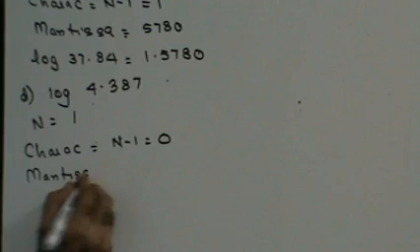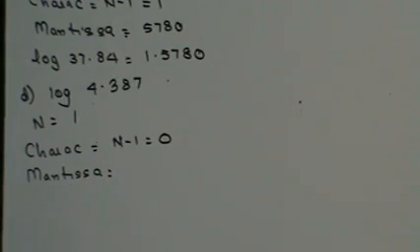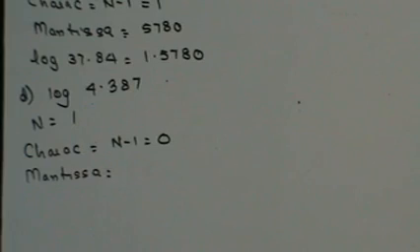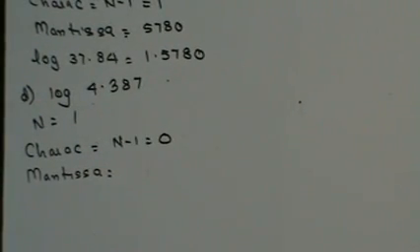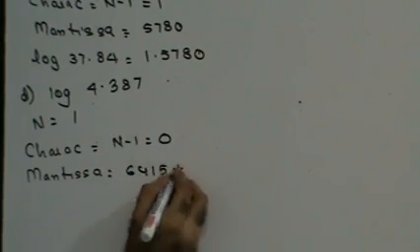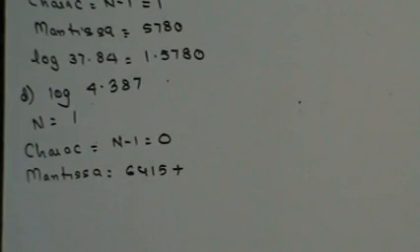Mantissa. Right? To the extreme left, see 43, guys. To the extreme left, see 43, and then in that same row, find out 8. So 438 is 6415 plus mean difference 7. 438 and mean difference 7 is 7.